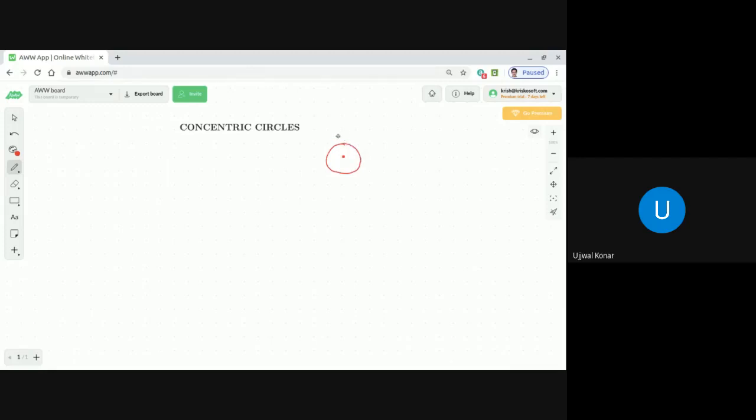Though it doesn't look like a circle, and then this is another circle, and then this is another circle. Correct, dear students? The way I have drawn it doesn't look like a proper circle, but you understand that my intention is to draw circles.